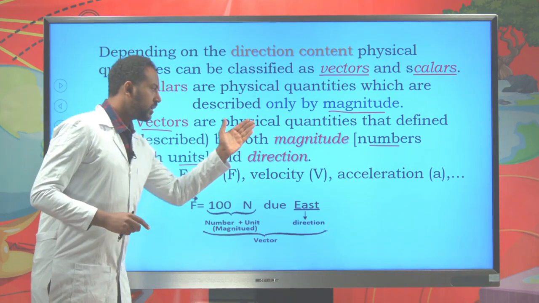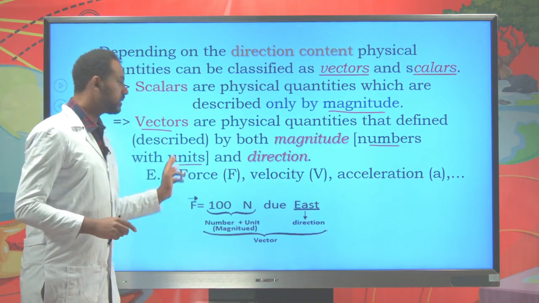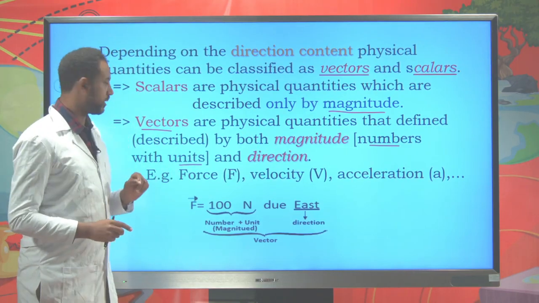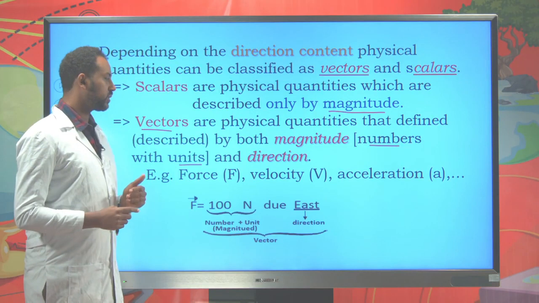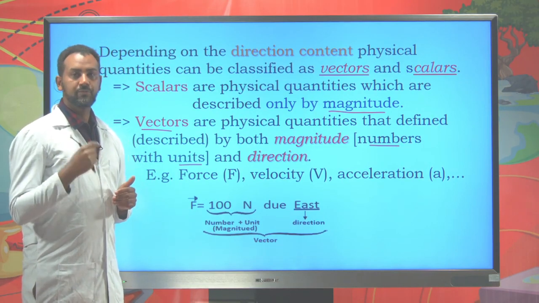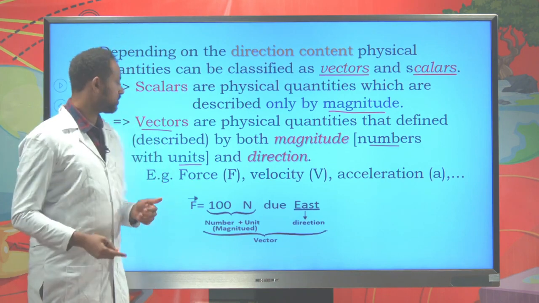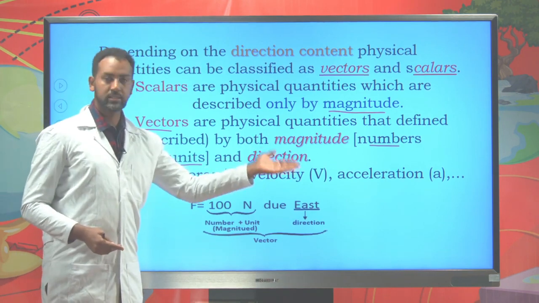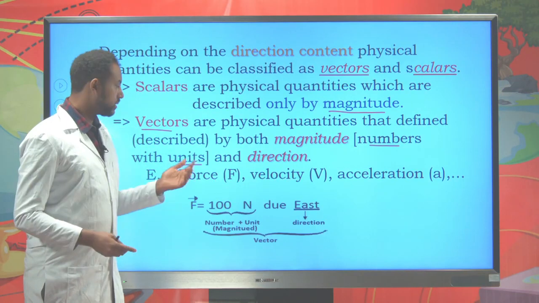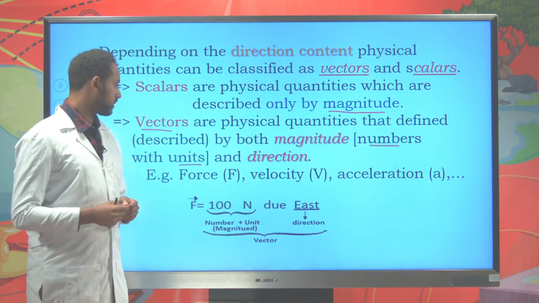That means there is magnitude, which is number plus unit, and there is a direction. So vectors are very important mathematical tools for physics. Some of the common vectors are force, velocity, acceleration, momentum, and so on. We have a lot of vector quantities.